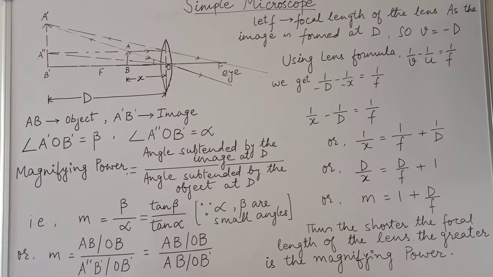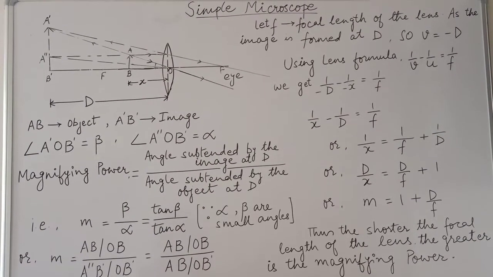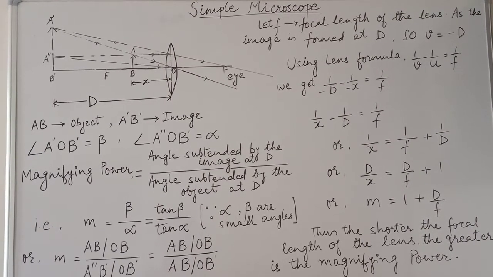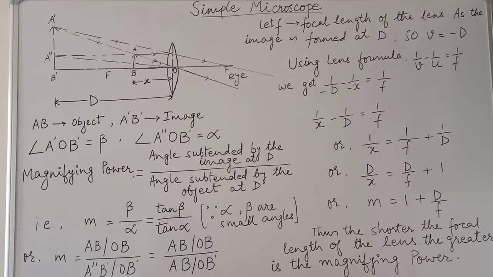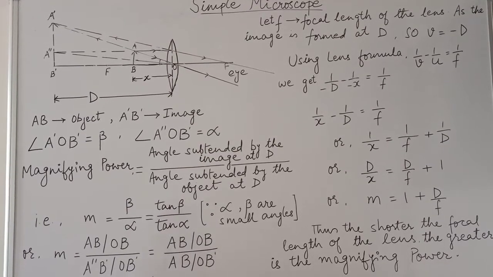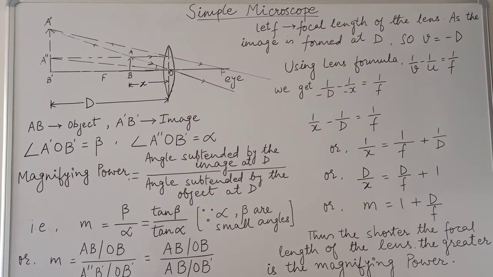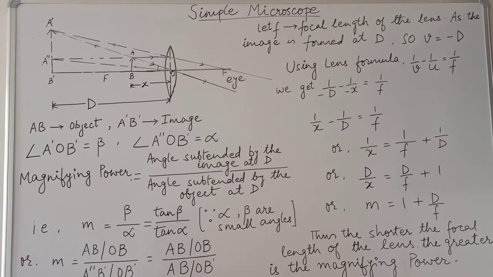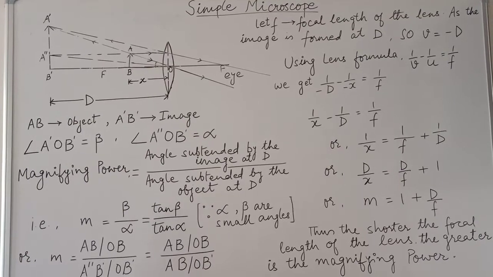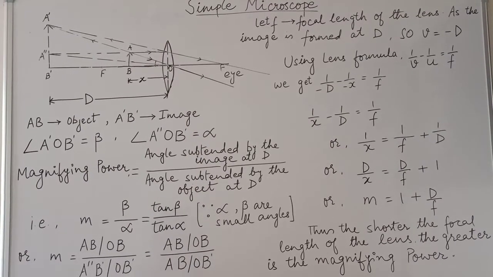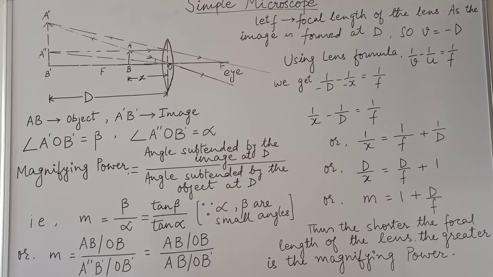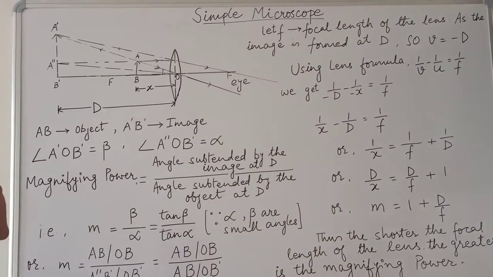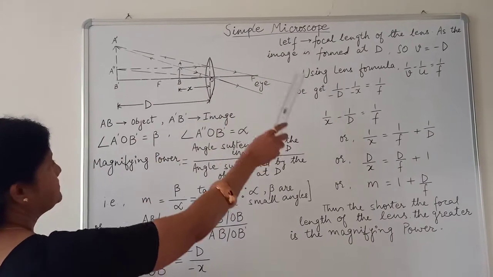Since a normal eye can see an object clearly at the least distance of distinct vision, which is 25 centimeter and is represented by D, the position of the lens is so adjusted that the final image is formed at the distance D from the lens. Now see the ray diagram.